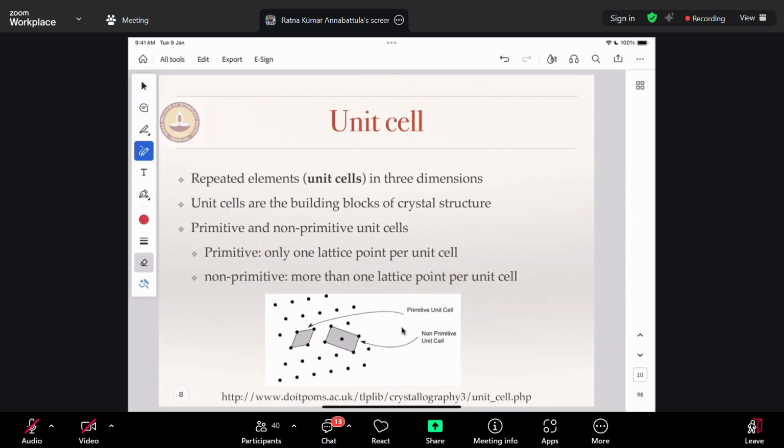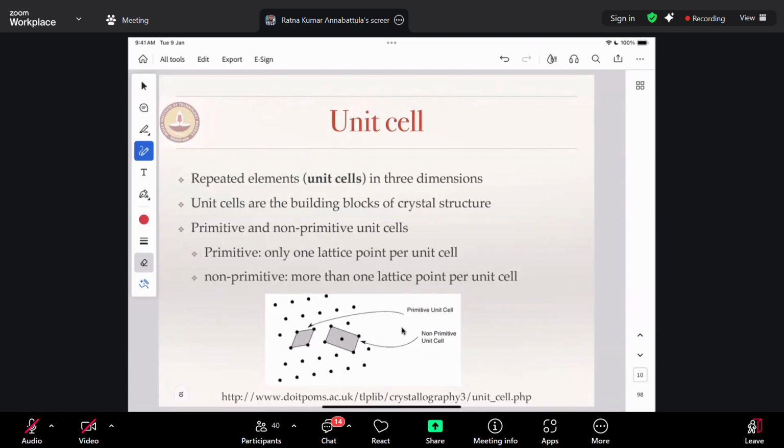So unit cells that we have learned in high school are the building blocks of our crystal structure. And now you can have 2 kinds of unit cells. One of them is called the primitive unit cell and another one is the non-primitive unit cell. So let us look at this point cloud. This point cloud is what we call lattice points.